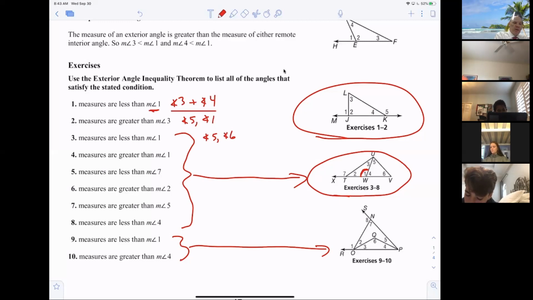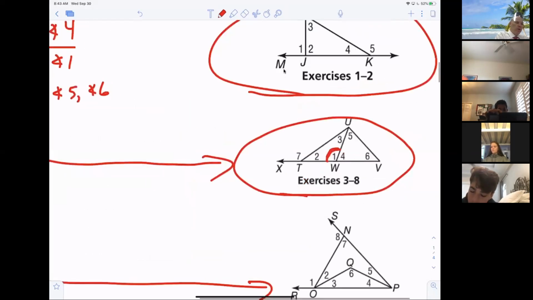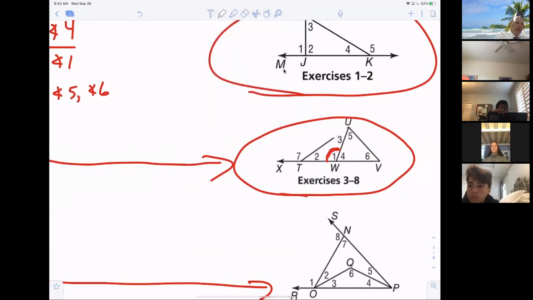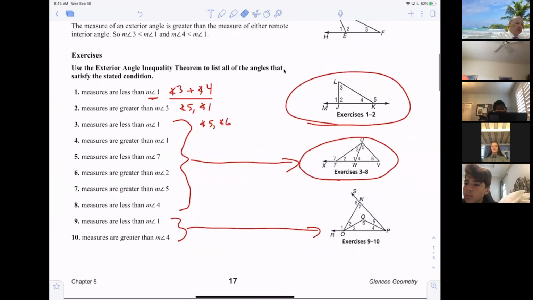Now remember, this right here doesn't have to be there, right? So if I covered that up, now you can see how 1 is greater than 5 or 6, right? All right, so now I'm going to erase that.